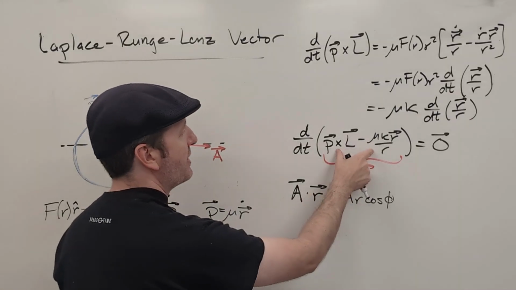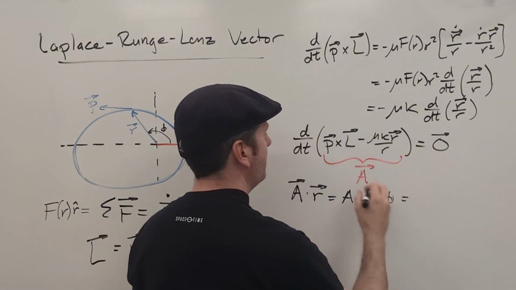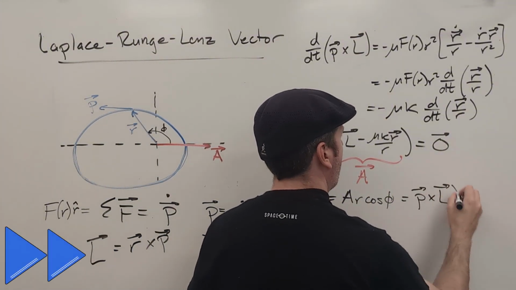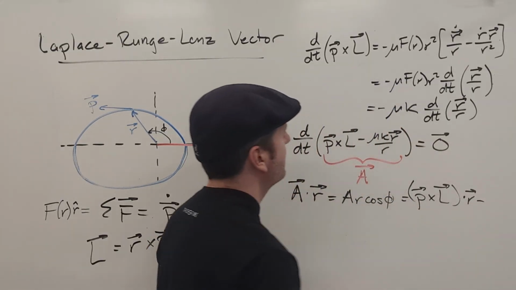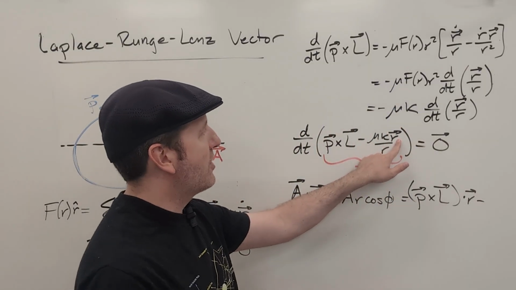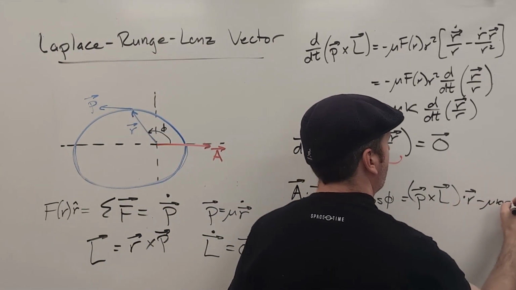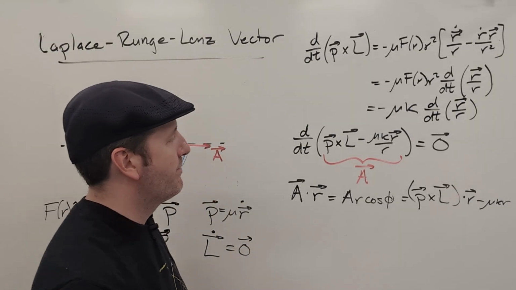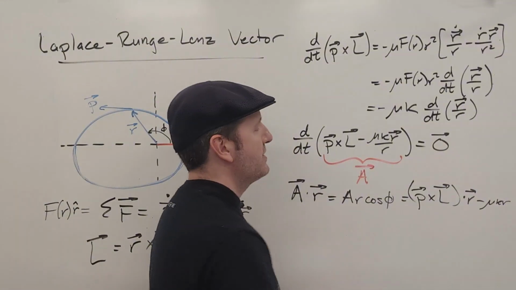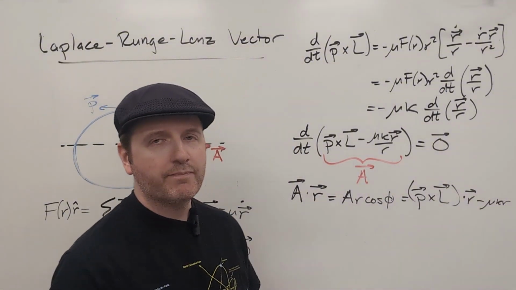But if I go up to my expression for A and I dot it with r, what do we get? Well, I'm going to get this dot product minus, well, r dot r, of course, is r squared, and that extra 1 over r will cancel. So we end up with this minus mu kappa r. This thing right here is a scalar triple product. I have a cross product dotted with another vector.